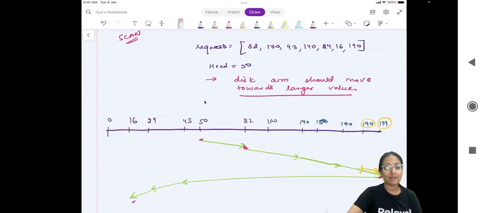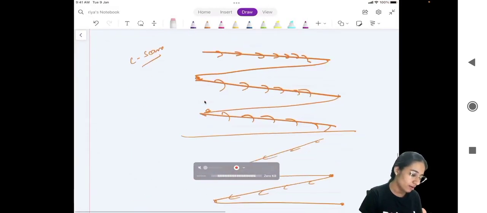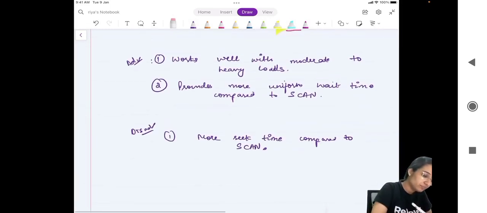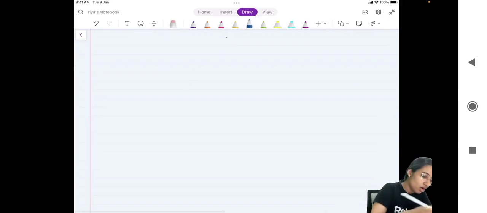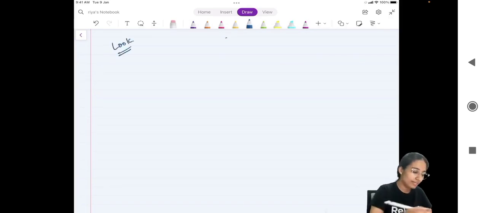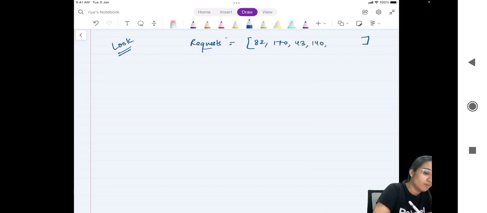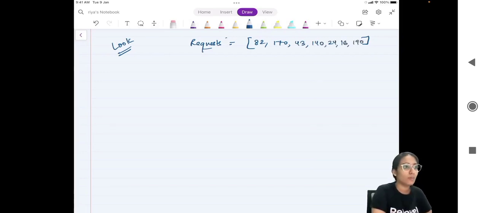Let's also take the same example we took earlier, so that we can do a quick POC on the understanding of what we have learned. So in LOOK also, we'll take the same example. The requests will be the same: 82, 170, 43, 140, 24, 16, 190.